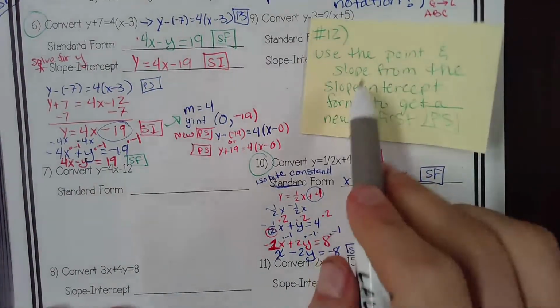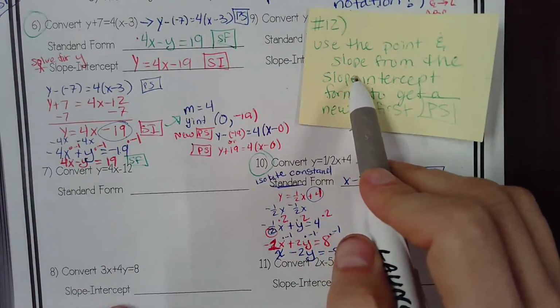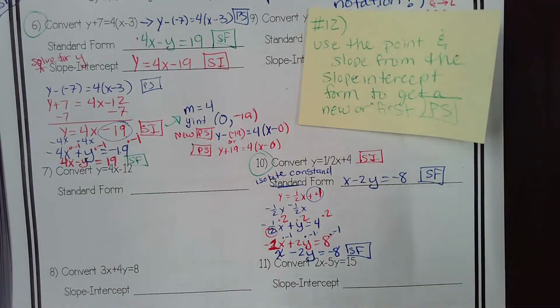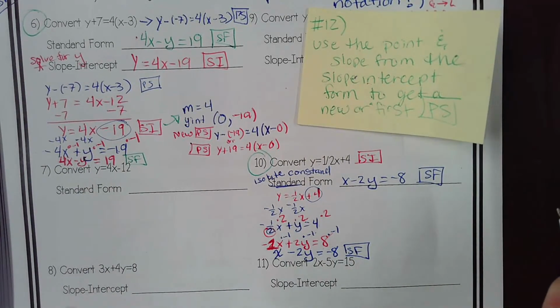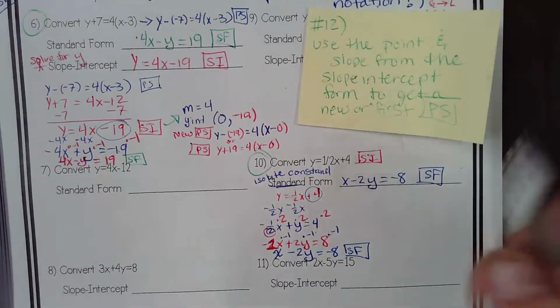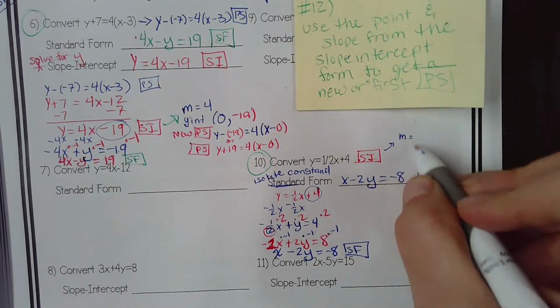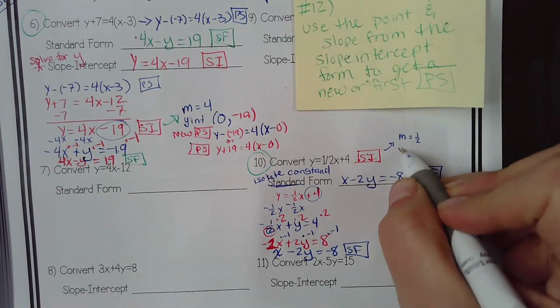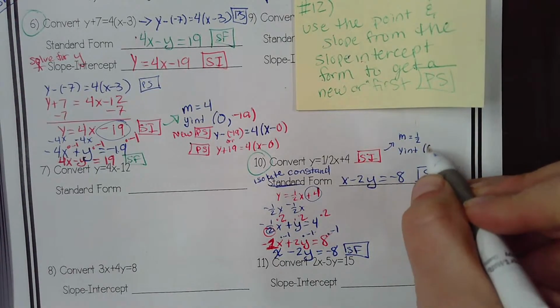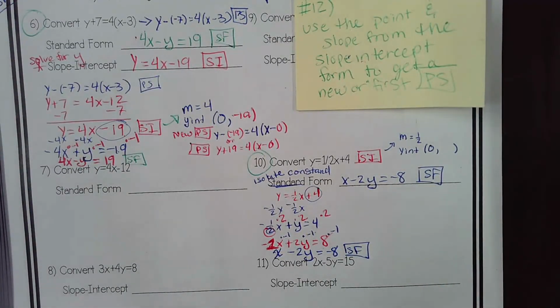Now your number 12. I also want a point slope. Where can I find a point? In slope-intercept form. In slope-intercept form, you have a slope, 1/2. You have a y-intercept, 0, a number.